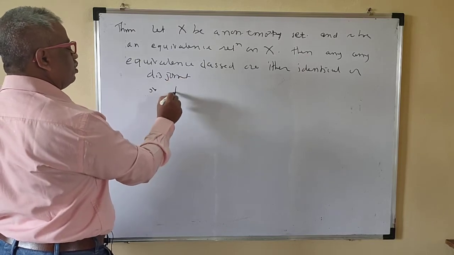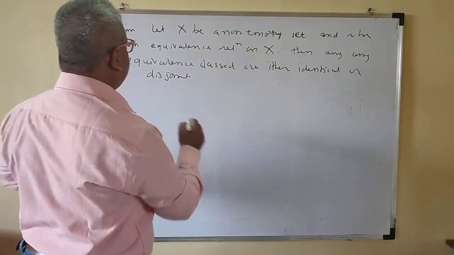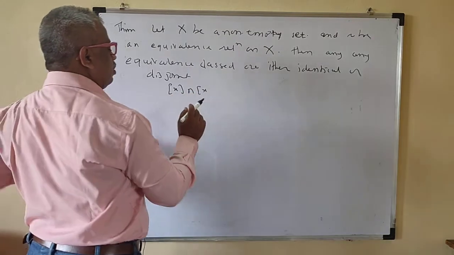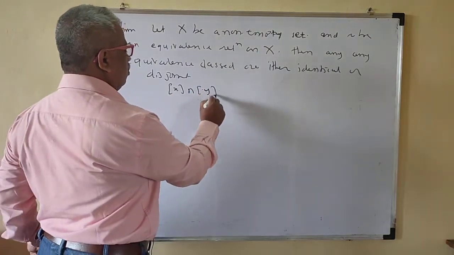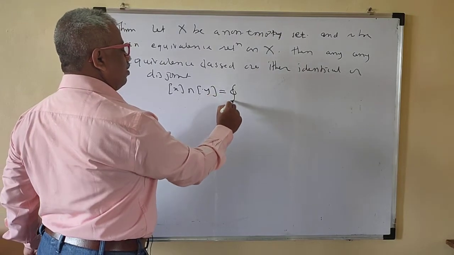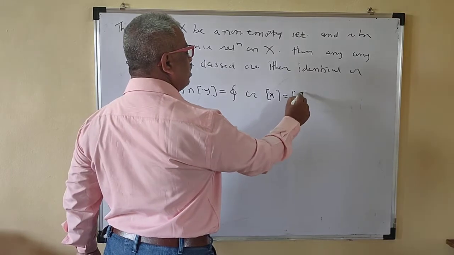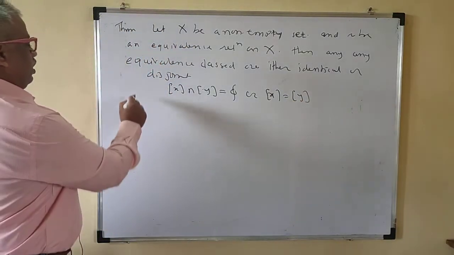That is, the intersection of the equivalence classes is empty, or the equivalence class of X is the same as the equivalence class of Y.